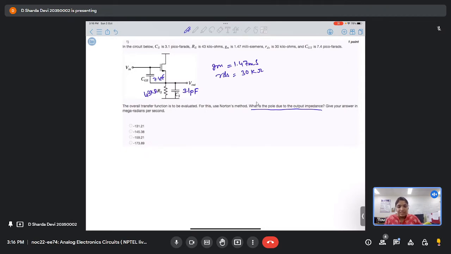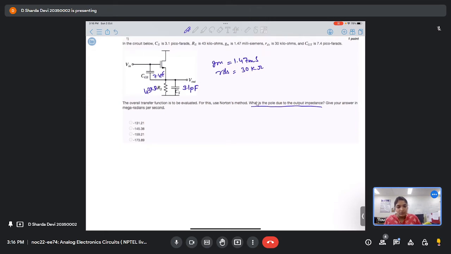So the easy way to figure out, what are the things that we get from a transfer function? Let's understand that. So when we are finding a transfer function, what are the things that we have? We have a numerator and a denominator, right? So what are the roots of numerator called?